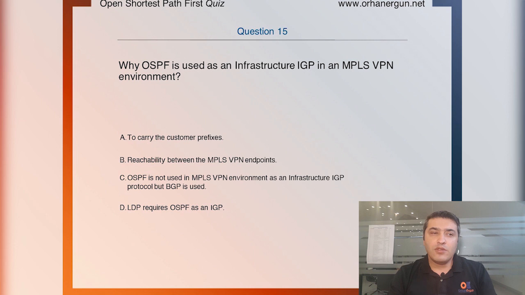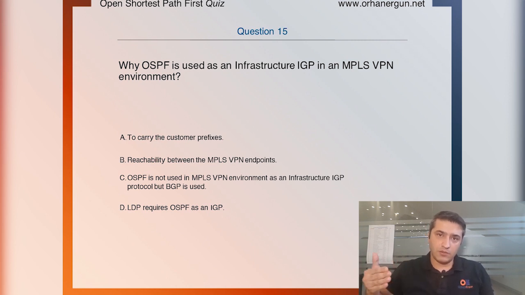Why is OSPF used as an infrastructure IGP in an MPLS VPN environment? Why OSPF as an infrastructure IGP? What is infrastructure IGP? In an MPLS VPN network, especially with the service provider, we have an IGP for the general routing table. Also, when MPLS VPN is provided by the service provider to the customer, routing is placed in the VRF.